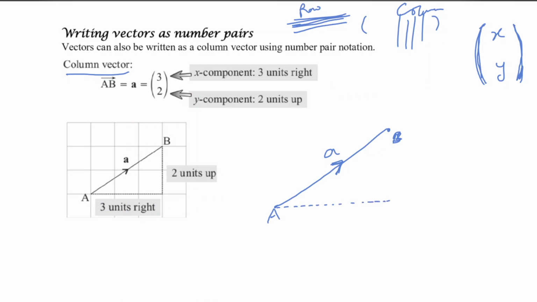For example, here it is going 3 units. If it goes right side, it should be positive. So 3 units towards the right, and that's why I write the column vector as +3 in the X direction.